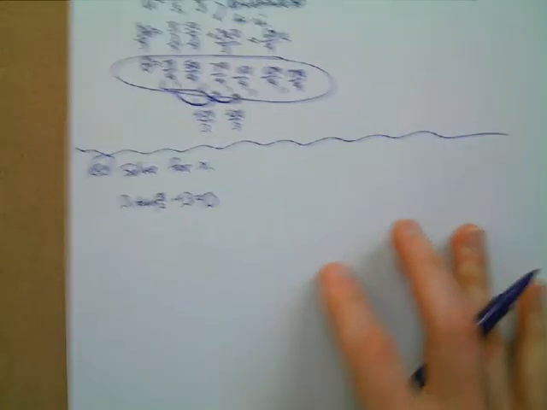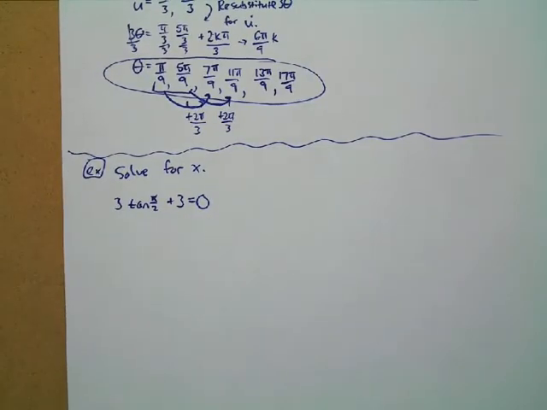So how should we go about solving this? What should we do first? Subtract 3. That's right. And then? Divide by 3, yeah. Equals -1.